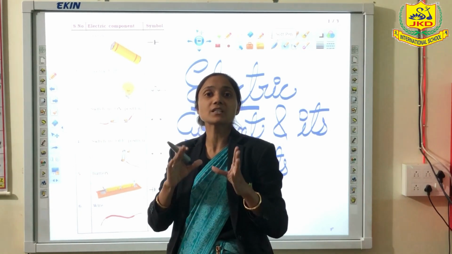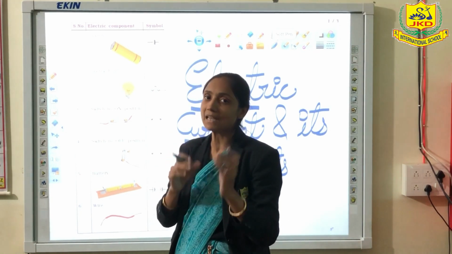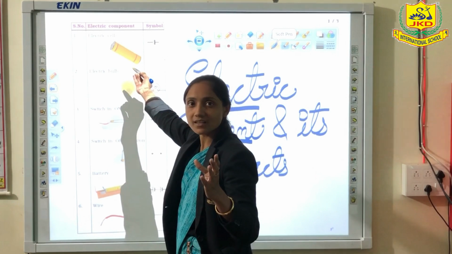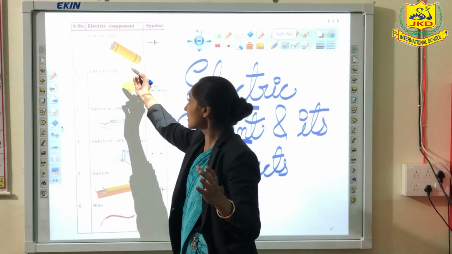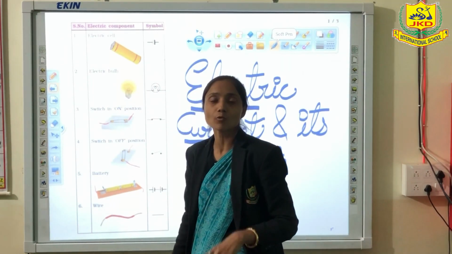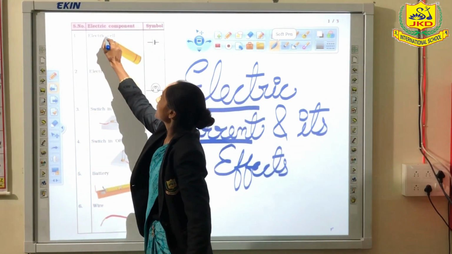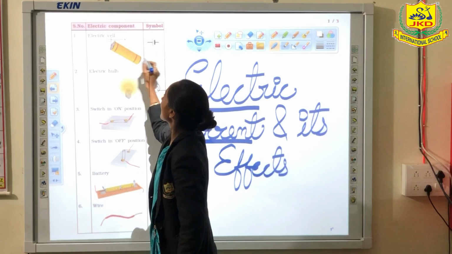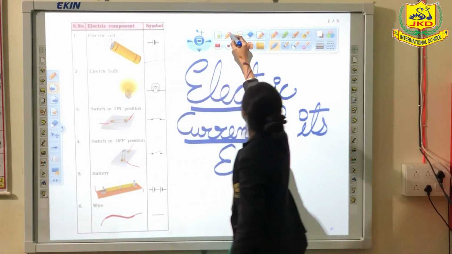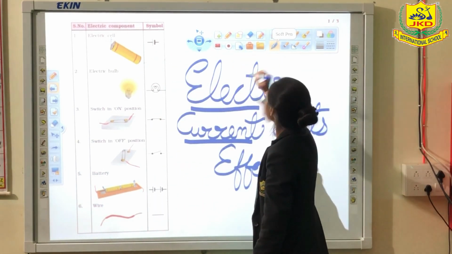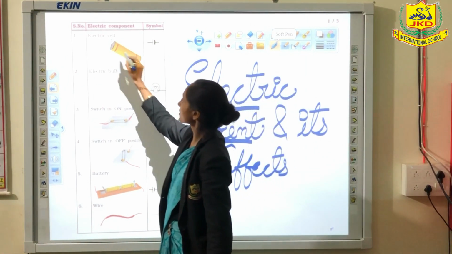That is nothing but this electric cell. An electric cell has two terminals. What are those two terminals? Look here. It has a positive terminal and a negative terminal.